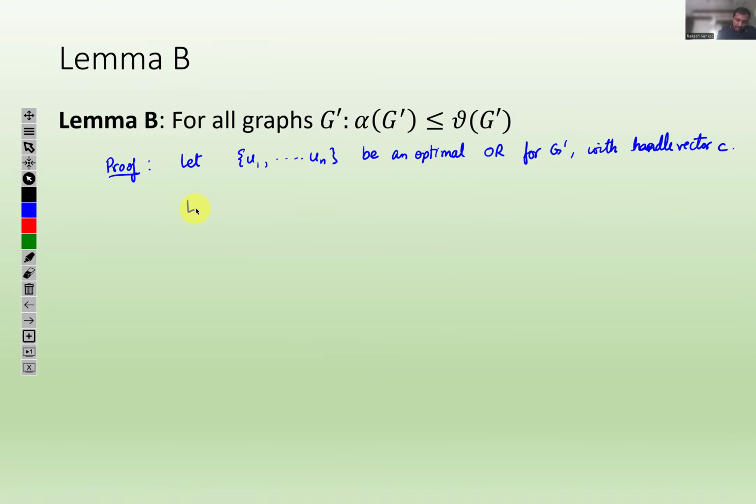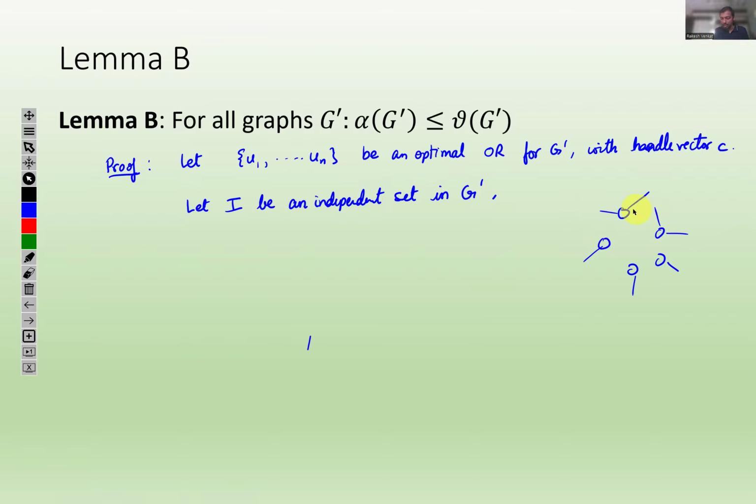Let I be an independent set in G prime. Now, what do I know about I? I is the set of vertices in G prime, no two of which share an edge. There may be edges outside, but none to each other.